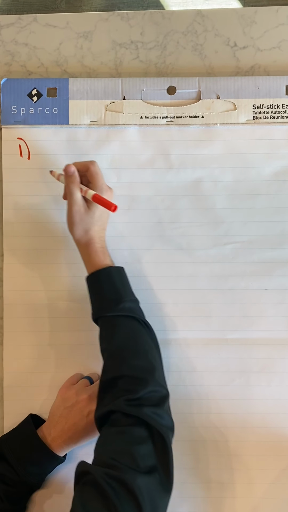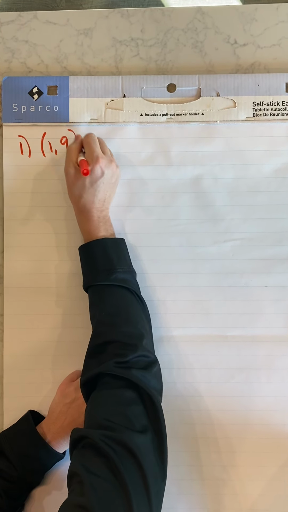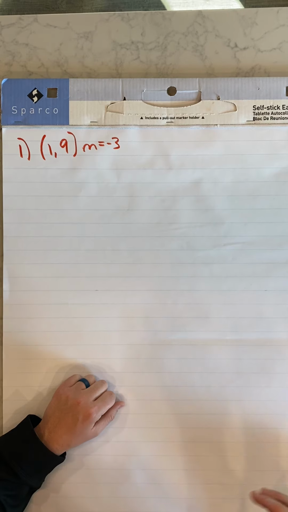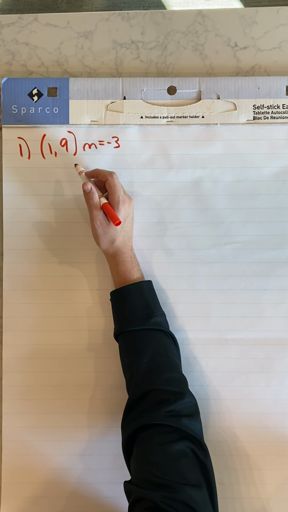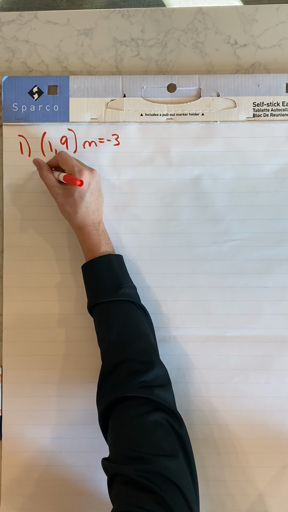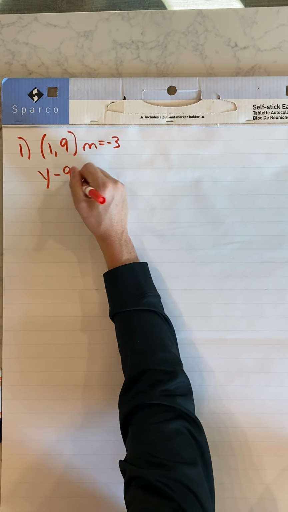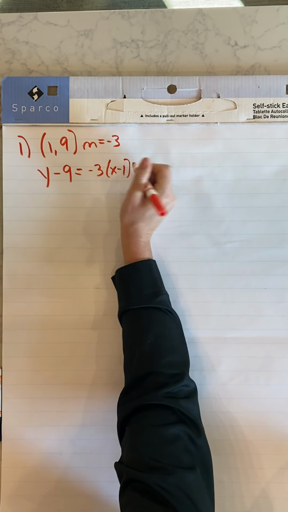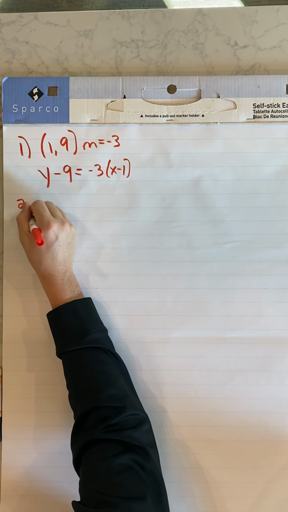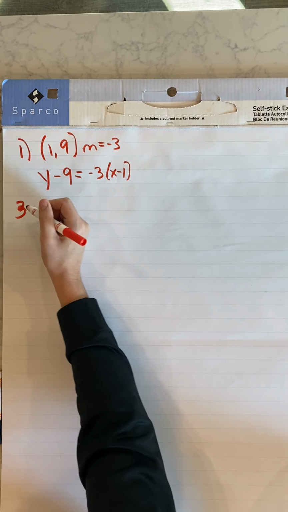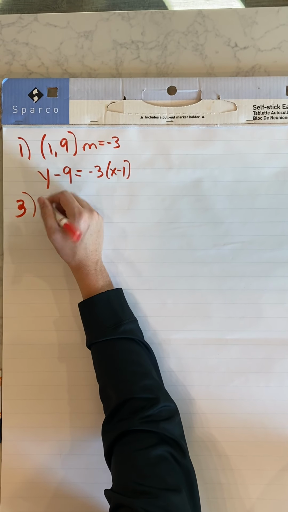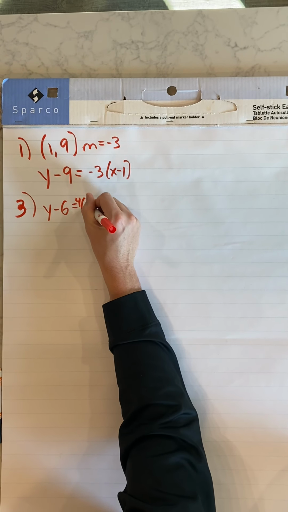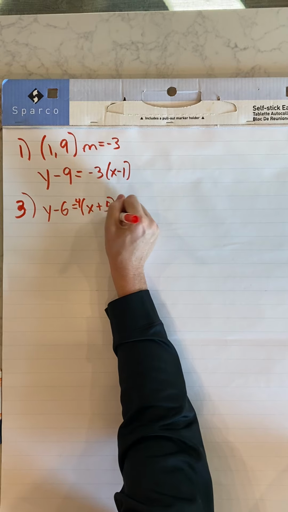Number 1, we are given the point 1, 9, and m equals -3. In order to solve that, it's going to be y minus 9 equals -3 times the quantity x minus 1. Let's go to number 3. y minus 6 equals 4 times the quantity x plus 5.